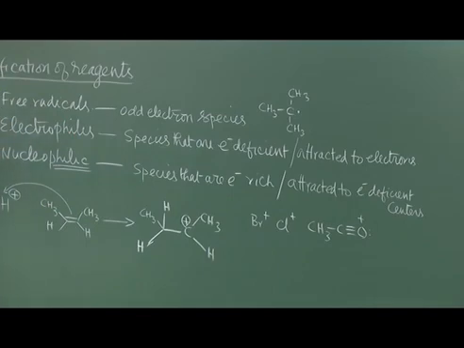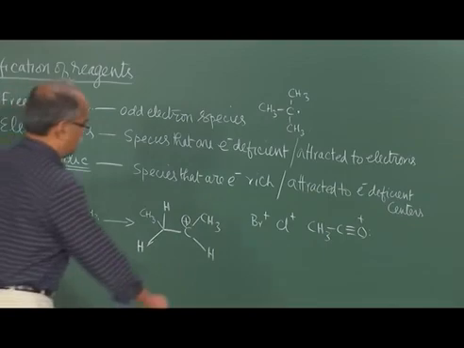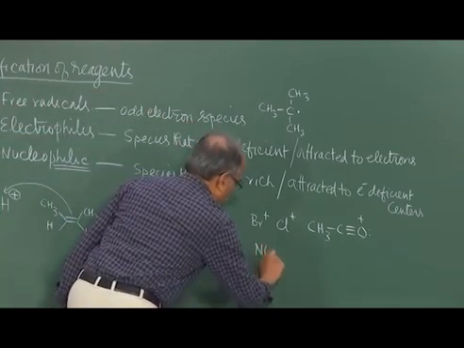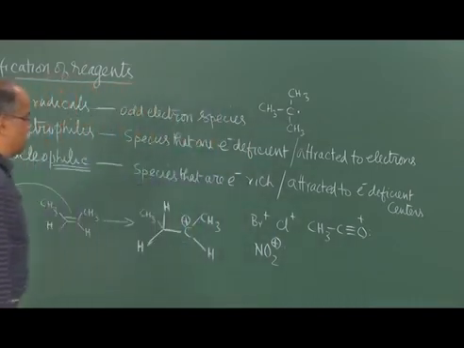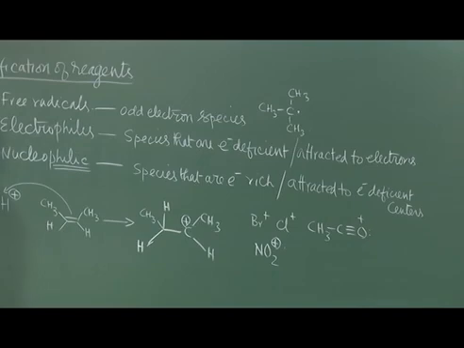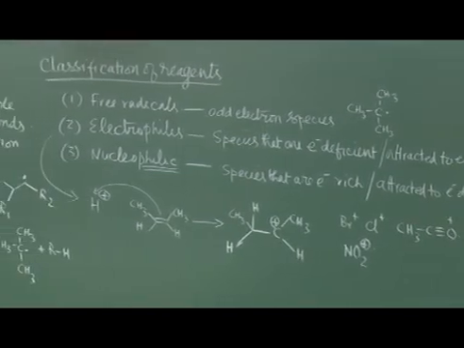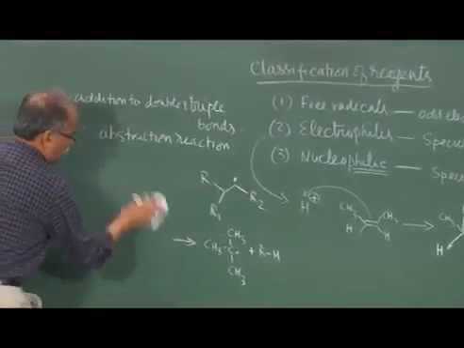How can one generate these electrophilic reagents? Even NO2 plus, for example, is an electrophilic reagent in organic chemistry. How do we generate these electrophilic reagents? One can take, for example, bromine and treat it with ferric bromide.